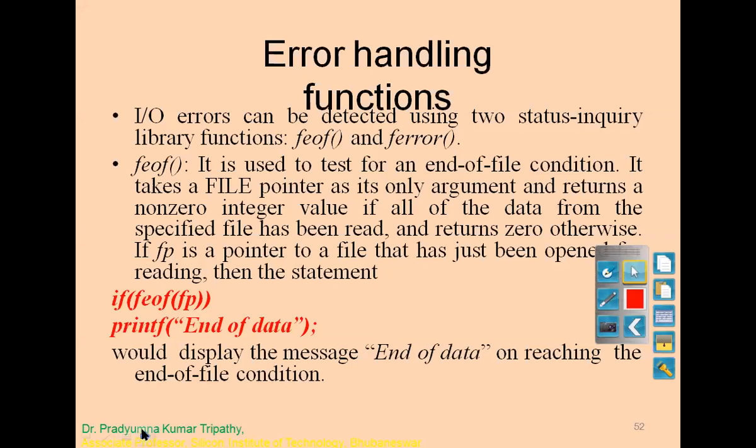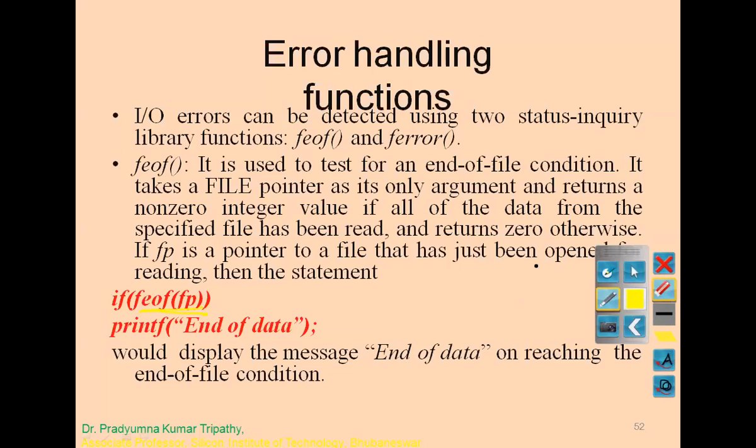One is feof, to check whether the end of file is reached or not. The feof function returns 1 if the end of file is reached. So for this file, if end of file is reached, it will return 1, and then it can print the end of data.